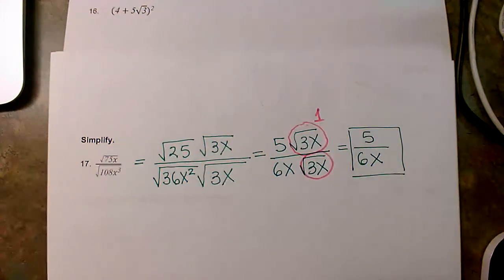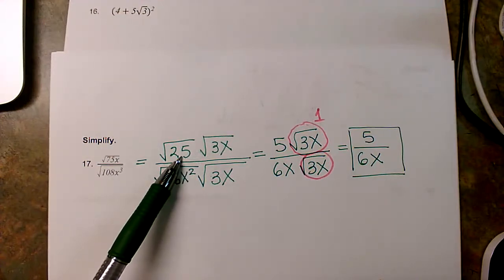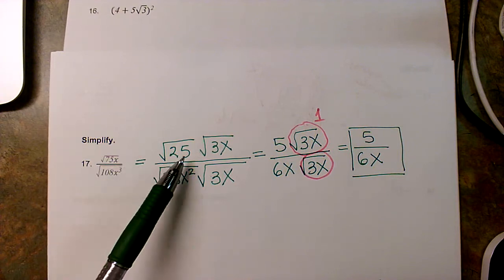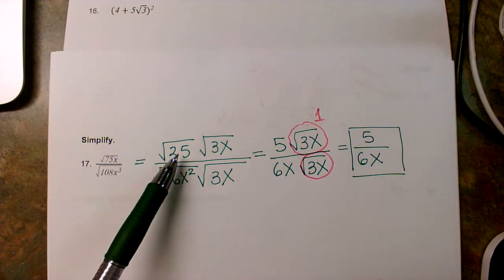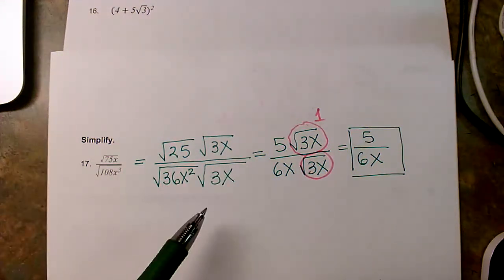So what we need to do is find the perfect square right away. 75, the two numbers, one is 25 and 3, and 108 is 36 and 3.